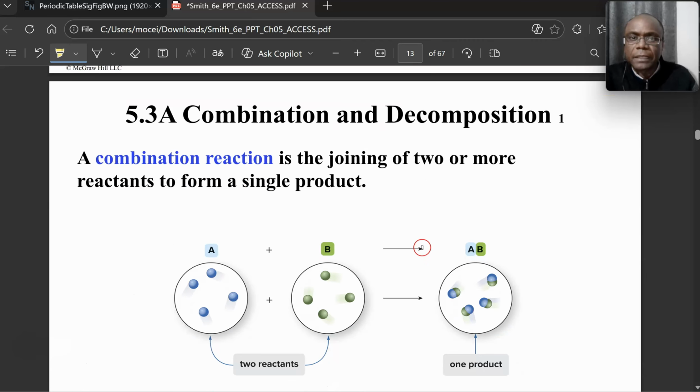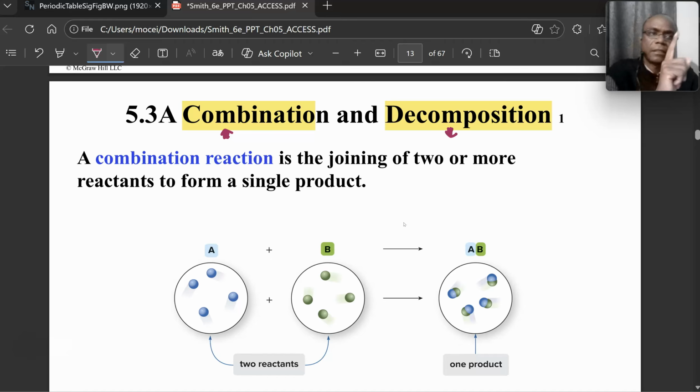Let's start with combination and decomposition. Combination is opposite of decomposition. Combination, you're bringing together two elements or groups of elements to give you one product. Decomposition, you are breaking the single substance to several substances, several particles.